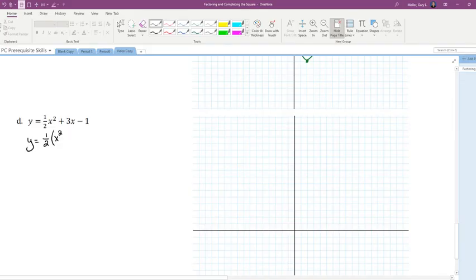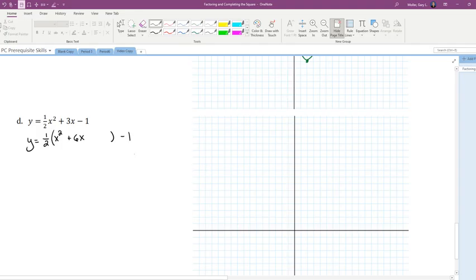And then how do I get this next number? Well, when we're factoring out a half, we're dividing the things we're factoring by a half, and dividing by a half is multiplying by 2. So this is actually going to be plus 6x. Give myself some room, close it off, minus 1.